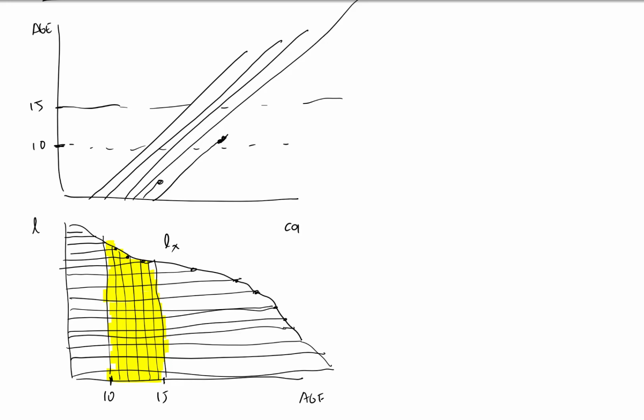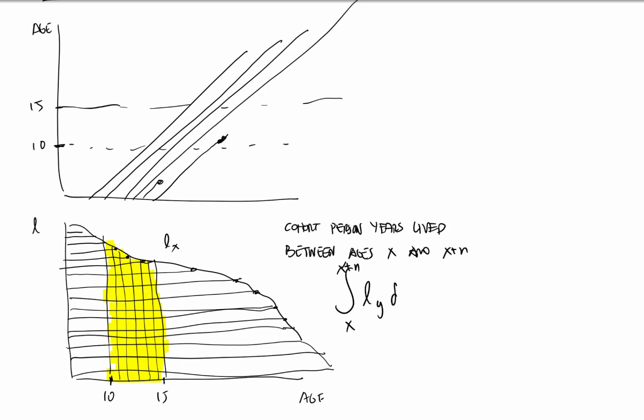The cohort person years lived between ages x and x plus n is just going to be the integral from x to x plus n of L of y dy.